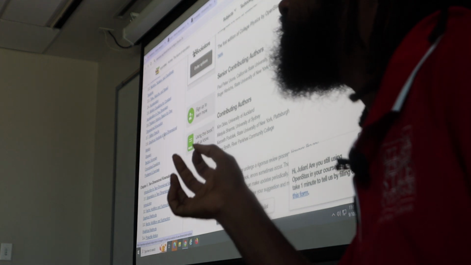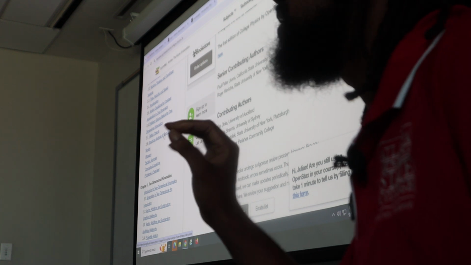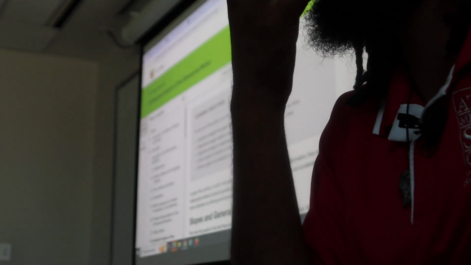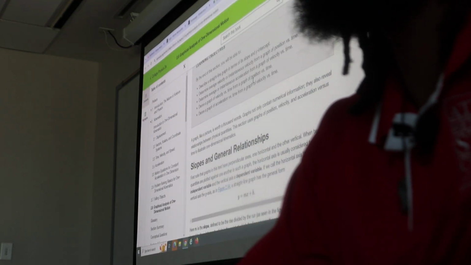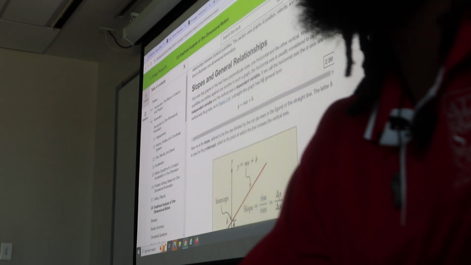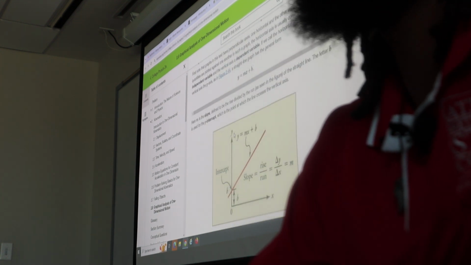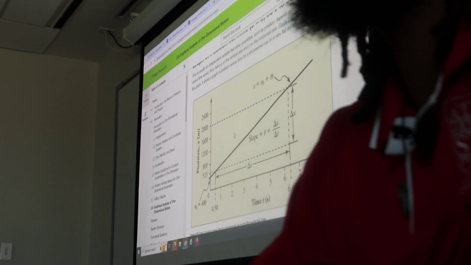So it's like position. We were talking about position, velocity, acceleration, so it's really just slope, just some normal things.